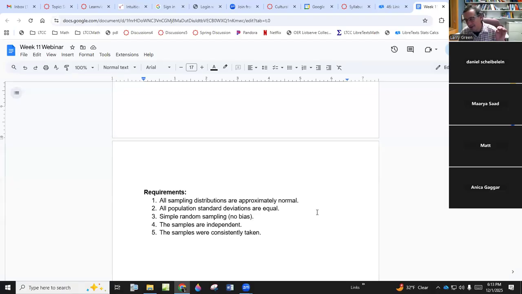There are 50 states in the United States, so for each state you would have to have over 30. That is at least 1,530 as your total sample size, because 31 times 50 is a big number. So it's a lot of work if you have a whole lot of groups. If you only have three groups, it's not so bad, but when it's a lot of groups, it's hard.